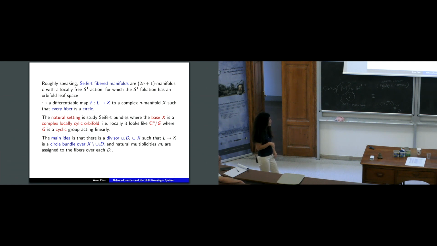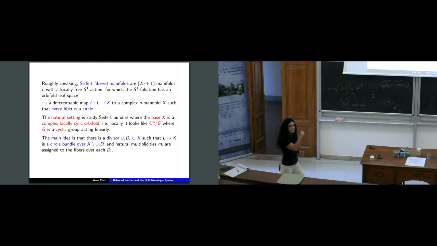Okay, the natural setting here, so essentially when you have what is called a Seifert fiber manifold, you have a map to a complex manifold such that every fiber is a circle, roughly speaking. Here it is really roughly speaking. But the natural setting is when X is a complex locally cyclic orbifold. So what we use is in fact the case when X has only isolated singularities of type A1.